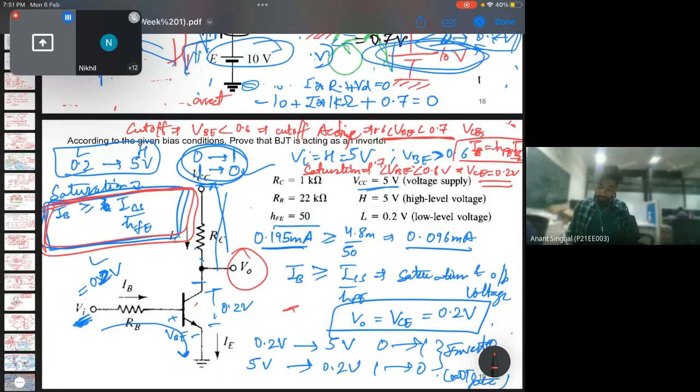We did some mathematics, and this IB came out as 0.195 milli, and this ICS came out as 4.8 milli, and we checked that this condition is getting satisfied. For 0.2 input we got a high output, and for 5 volt input we get a low output, which is 0.2 volt. So for a 0 we get a 1, for a 1 we get a 0. So this is working as an inverter.